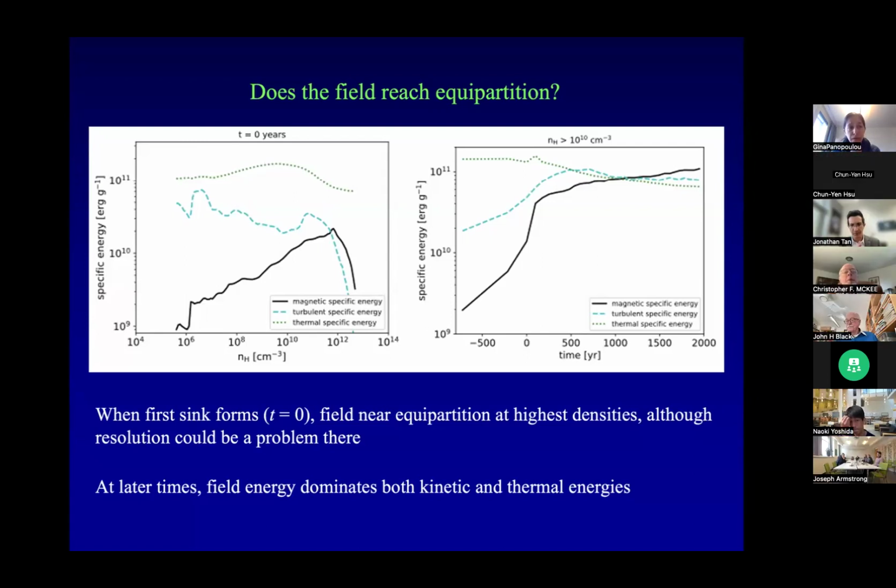So we assumed ideal MHD, so we're not really able to deal with the effects of low ionization on the evolution. Remember, since we're forming the first star, there is no UV radiation, no ionizing radiation.